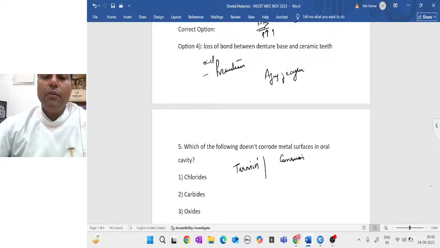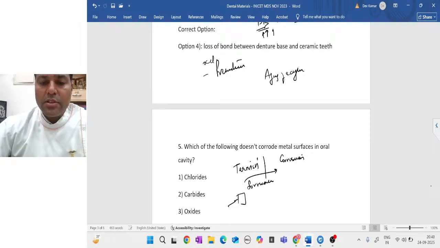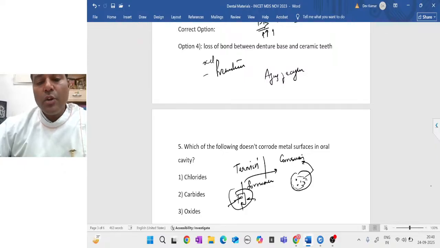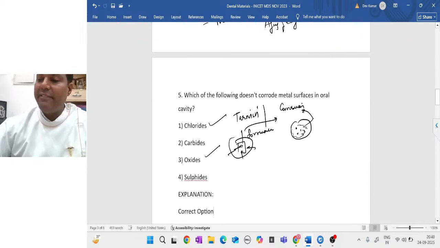Tarnish is a forerunner of corrosion. Tarnish is the lack of luster, meaning the surface finish or luster is lost. But if there is actual deterioration of the metal surface, then it is corrosion. And the corrosion might occur because of the chlorides, oxides and sulfides in the oral cavity.